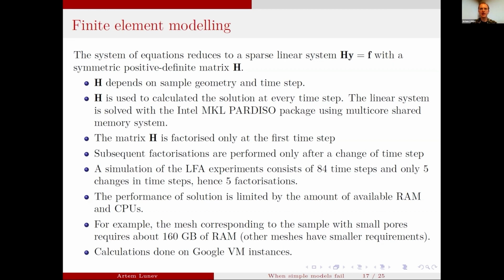So in total, you have 5 factorizations, and you can accomplish calculations with meshes corresponding to those samples in maybe a day or a few days, using the Google virtual machine instances which we used in this work.